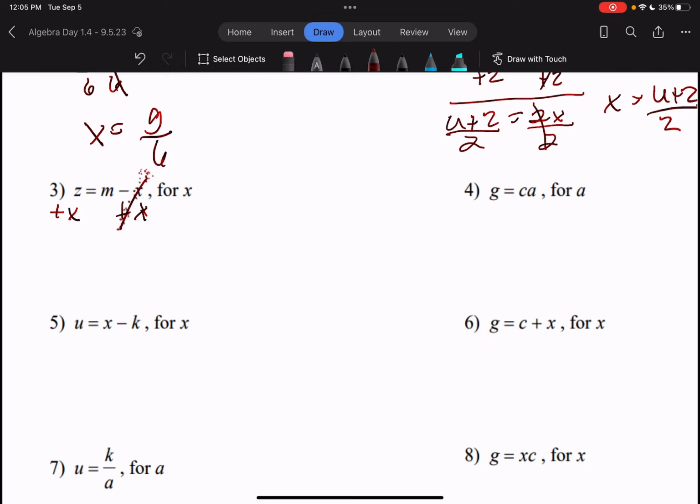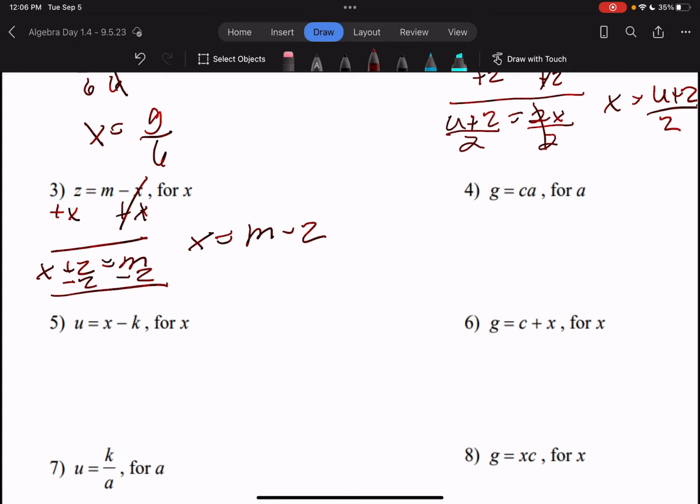And so this then becomes 0, and we have x plus z equals m. Now I can subtract z from both sides, and I get x equals m minus z. Again, you get the same answer this way, so it's totally fine to do it this way. I just wanted you to see that if you end up with a negative x, the way to neutralize that is to multiply or divide by a negative 1.